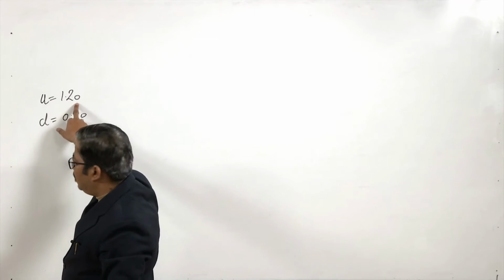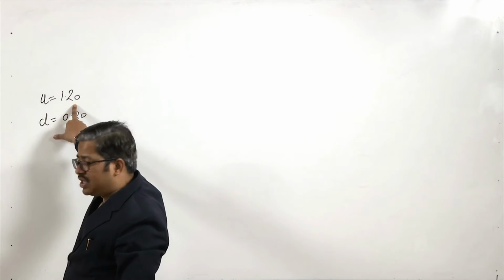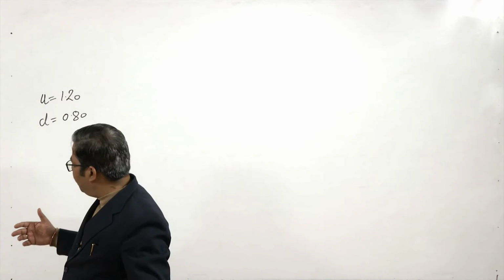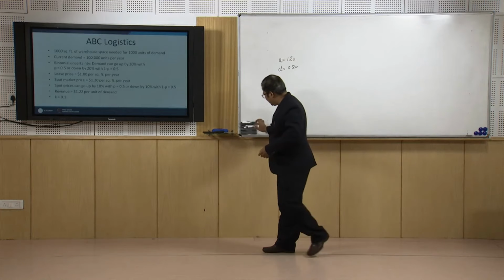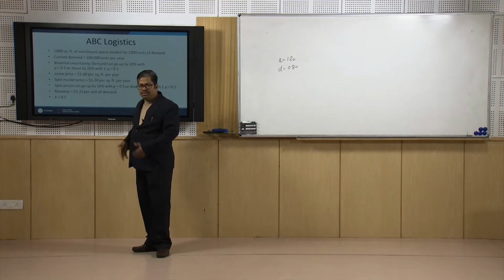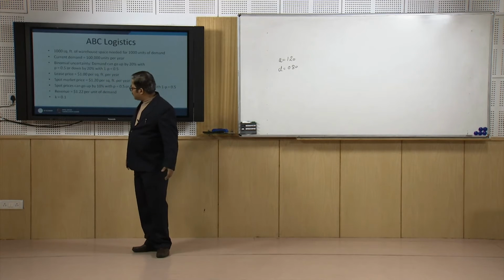The u can have a probability of 60%, d can have 40%, and all other alternative combinations are possible. So as long as you have p and 1 minus p, you can have a variety of cases.